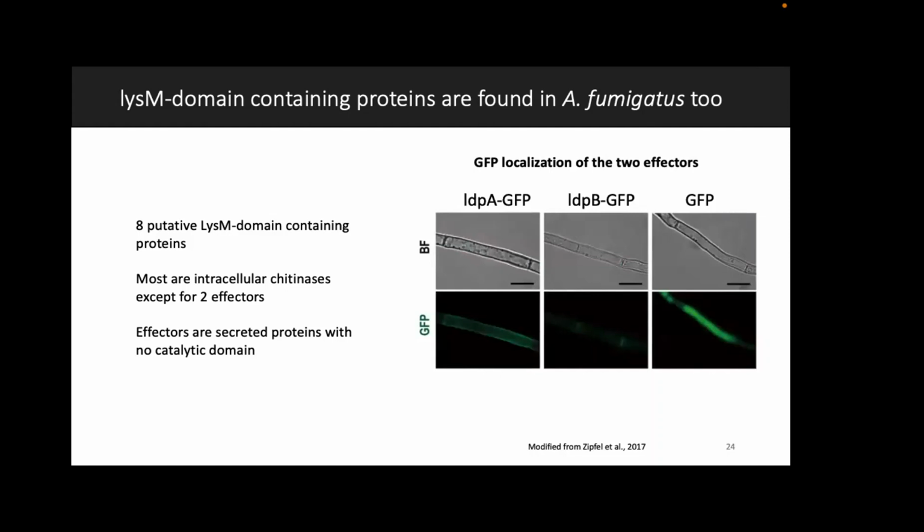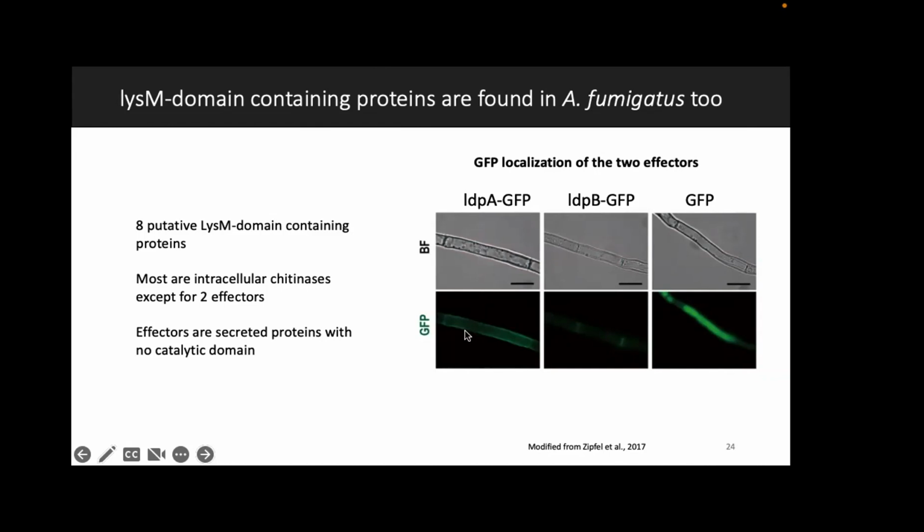They tagged it with GFP to see where they localized. And while LDPB seemed to be localized to the cross walls of the fungus, something that we call a septa, LDPA, the other LysM effector, seems to be localized to the cell wall.